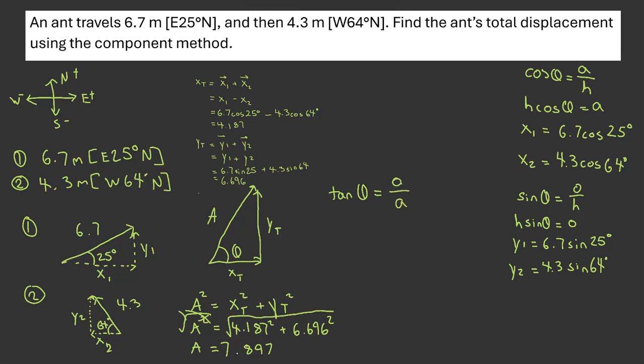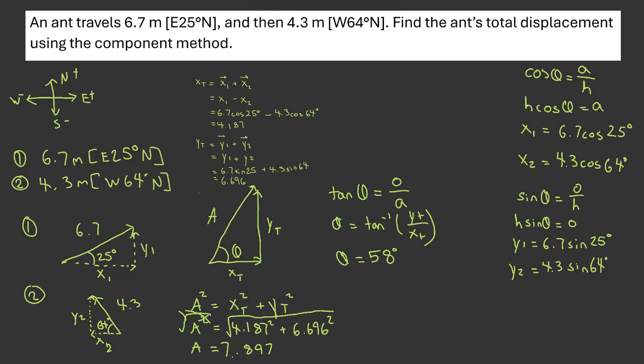If you're going based on SOHCAHTOA, it's TOA, so tan opposite over adjacent. And then to find the angle, I'm going to take the inverse tan. Move my tan to the other side. My opposite, which is yt, and then my adjacent, which is xt. So that's yt, 6.696 divided by 4.187, which will give me an angle of 58 degrees rounded.